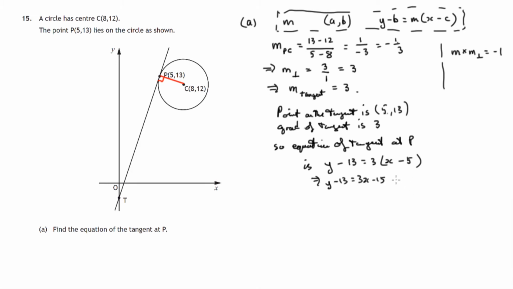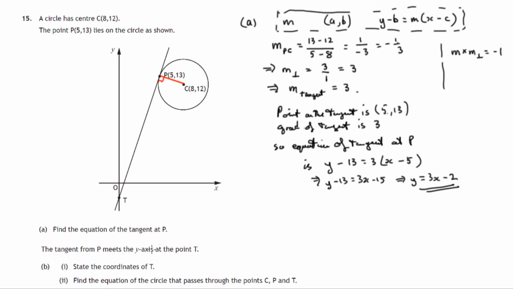And let's get the numbers together. We'll add 13 to both sides. So we get y equals 3x minus 2 as the equation of that tangent. Now let's have a look at the next part of the question.